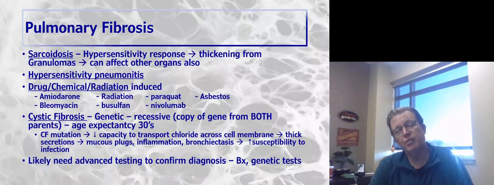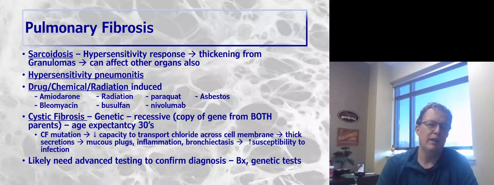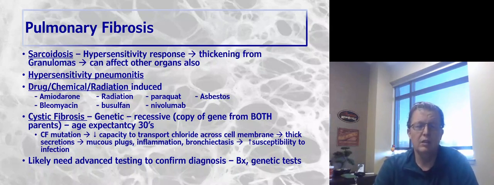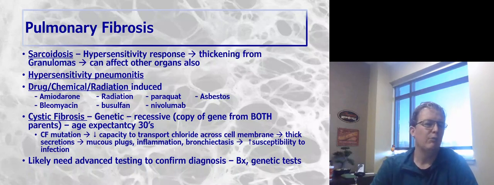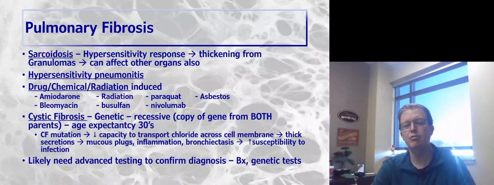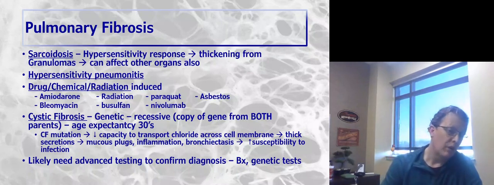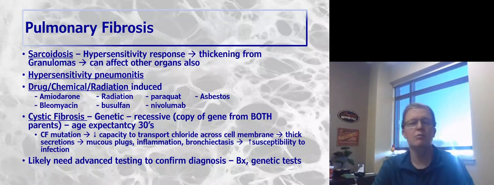So all of this increased mucus and the thickness of it, it's difficult to move it, increases, and that with the bronchiectasis and the inflammation makes them more susceptible to infection. And so now you can see there's a very high risk of complicating conditions here between not only the restrictive lung disease, the obstructive lung disease, infection.